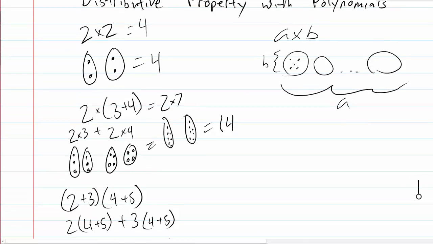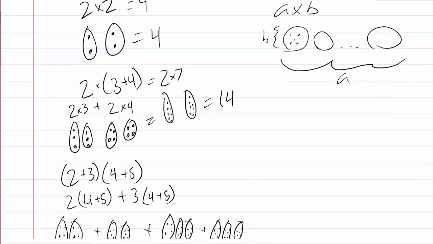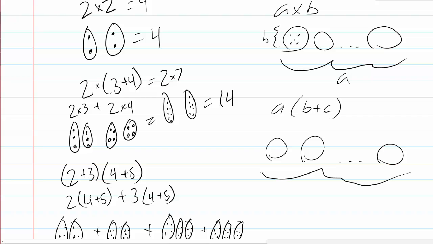So let's move that down to looking at an integer times a binomial. Say a times b plus c. Again, we're looking at a groups, but in each of the groups you've got b as well as a variable amount c.